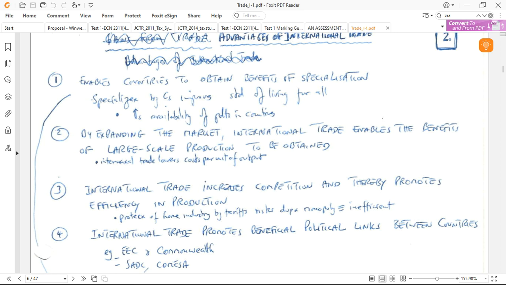And then there is someone somewhere who can produce this same diamond at a lower cost. So now, as Zambia, we can specialize in the production of copper, which means that we'll be able to produce this copper on a larger scale, and those guys can also produce the diamond on a larger scale. So at the end of the day, large scale production is going to be obtained. Why? Because we have allowed ourselves to engage in trade.